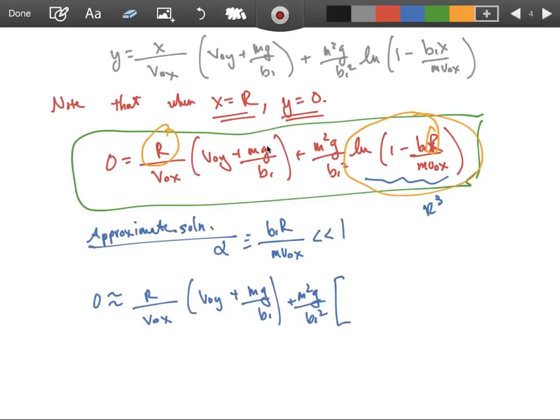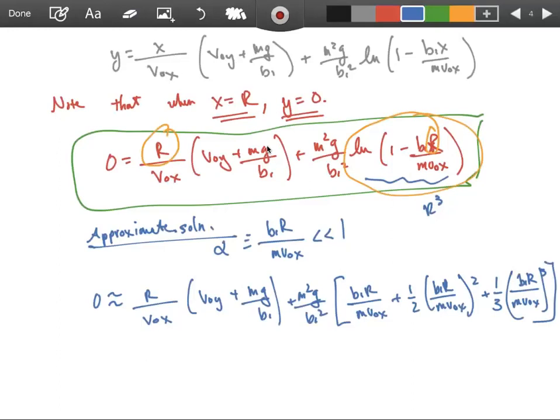So this is going to be my alpha: b1 r divided by m times the initial x. And I get plus 1/2 of alpha squared, which is b1 r divided by m times the initial x, squared. And then plus 1/3 of alpha cubed, so that becomes b1 r divided by m times the initial x, cubed.